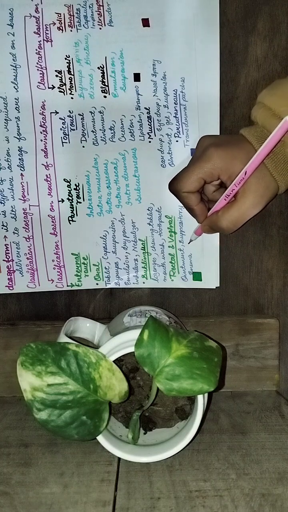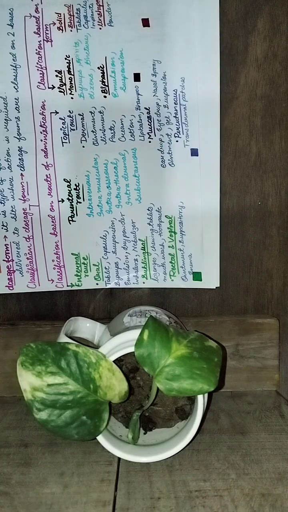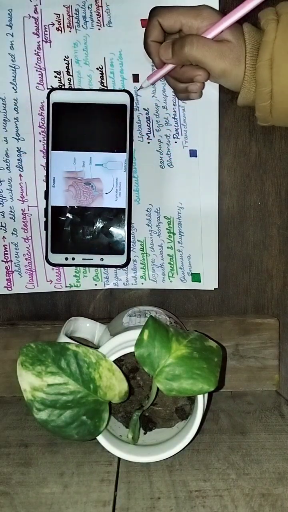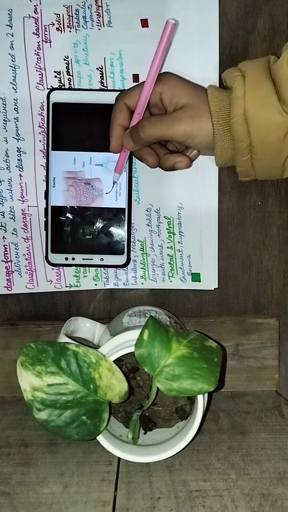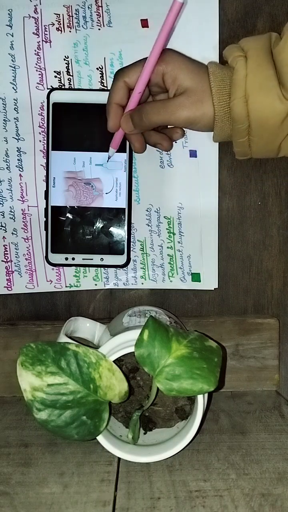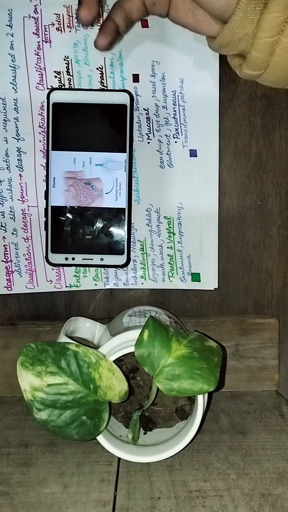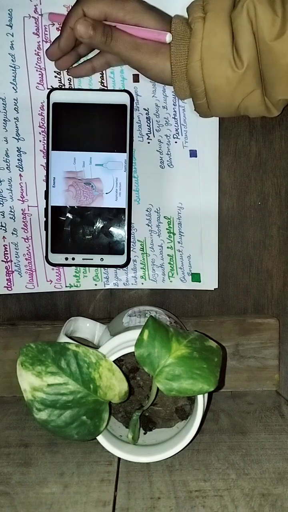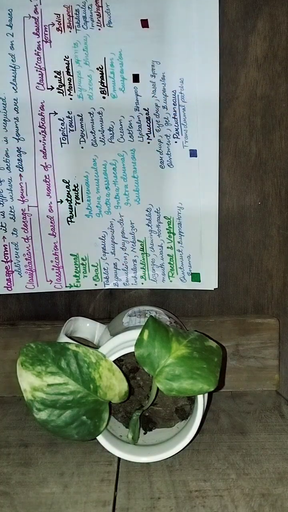Enemas is something new. Enemas are medicaments which are inserted through the rectal route, and they are usually used to prevent constipation, and are also used in the treatment of piles and ulcers.